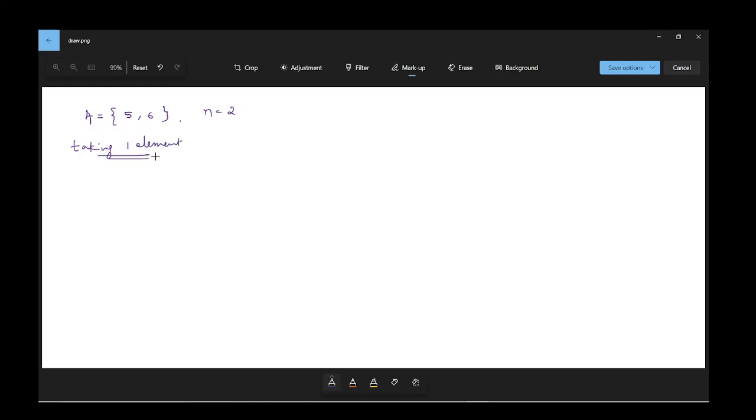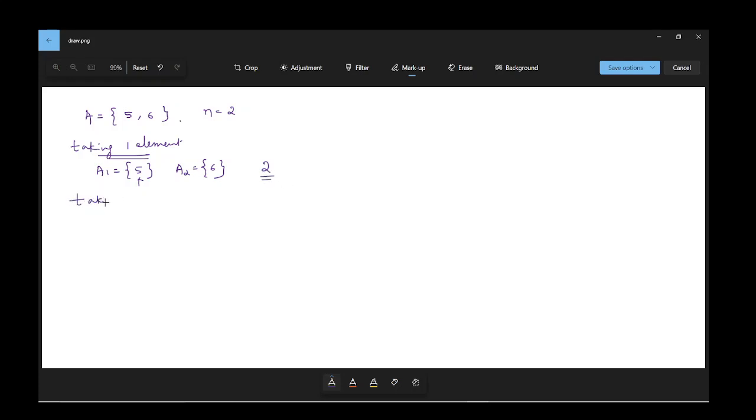I can write A1 as 5. Is A1 a subset of A? Yes, it is, because 5 belongs to A. Similarly, I can generate another subset with the other element 6. So I can generate two subsets taking one element at a time. So here we got 2.